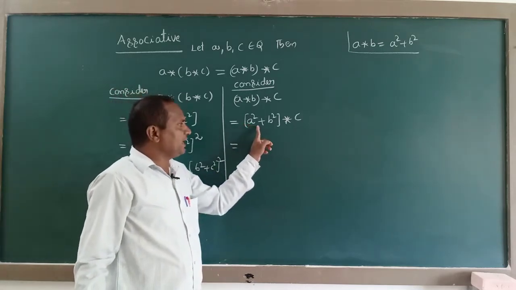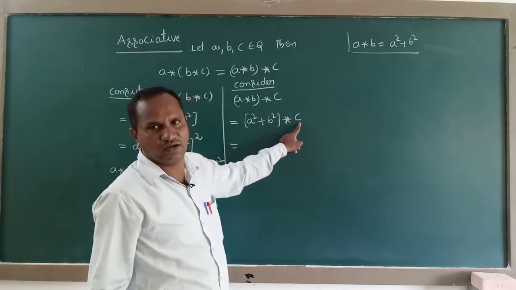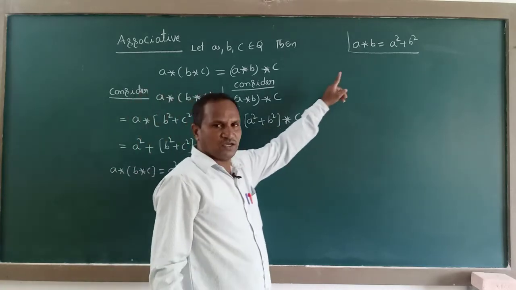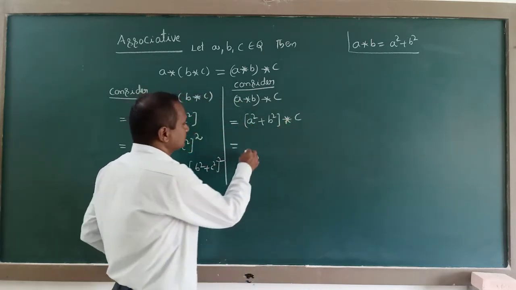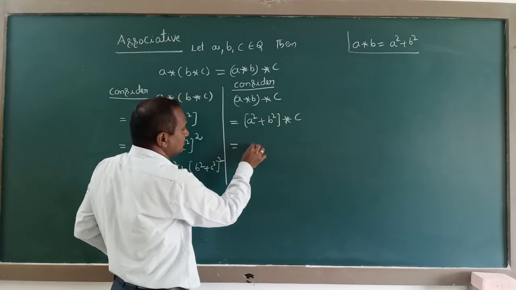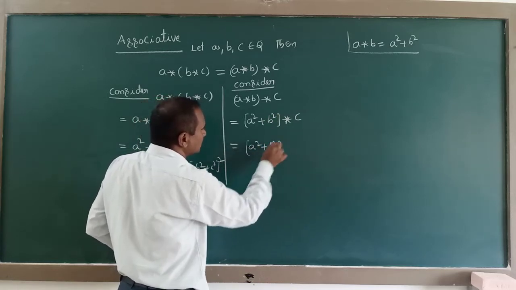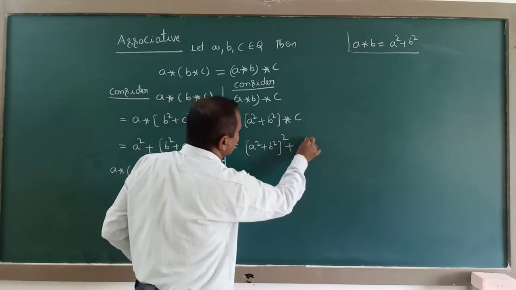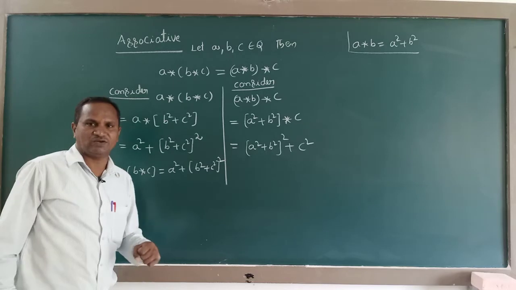Instead of A we have A square plus B square, and instead of B we have C only. So once again we apply the given definition of the binary operation: A square plus B square whole square plus C square. But by observing these two values, they are not equal.